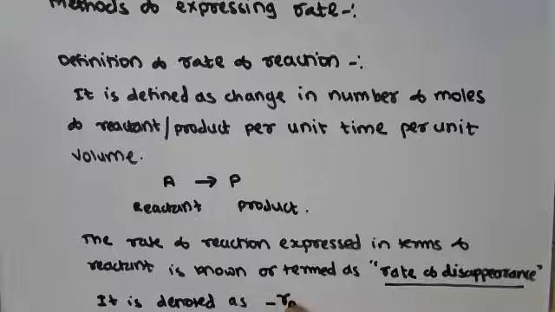And therefore, in order to make that value positive, this negative sign is used, and it is pronounced as rate of disappearance of A. So rate of disappearance of A is the term used whenever we are referring to the variation in concentration of reactant, and it is generally the most popular method of expressing the rate of reaction.